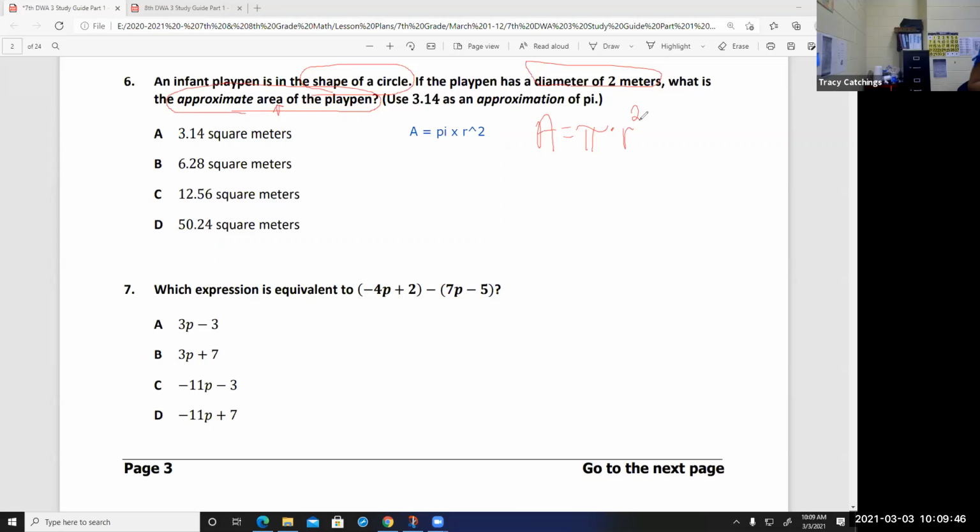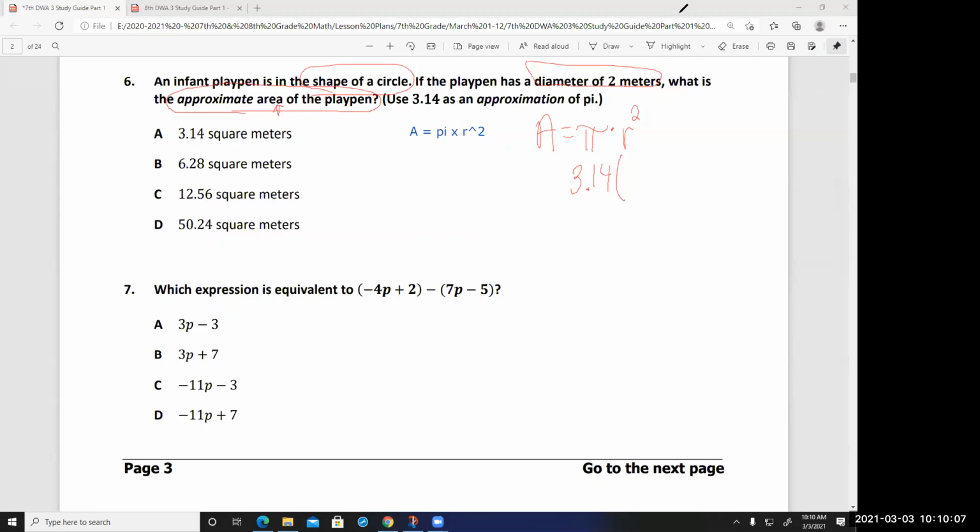You remember that? All right, so they told us to use 3.14 as pi. The second part of that formula talks about the radius. Did they give us the radius? What's the connection between diameter and radius? Good job.